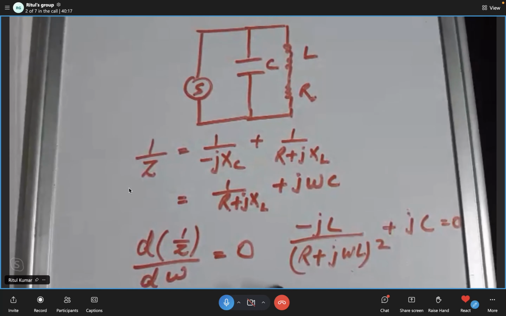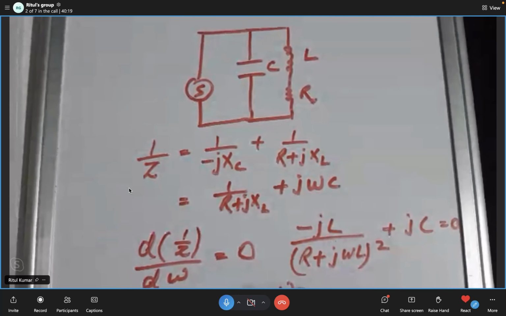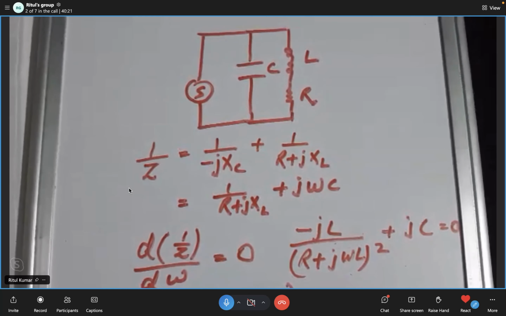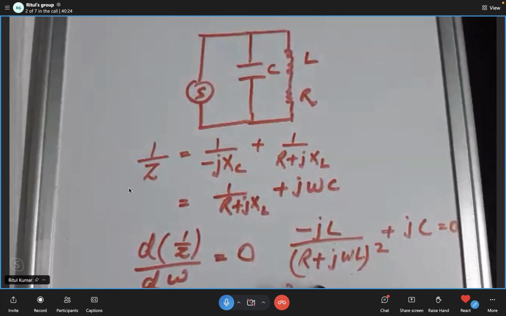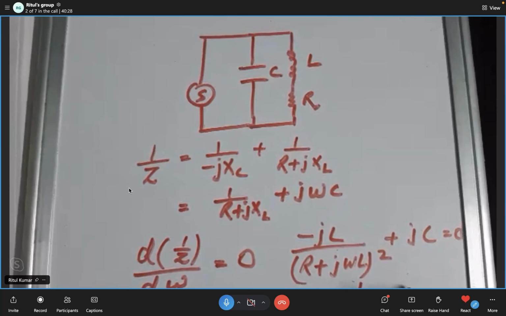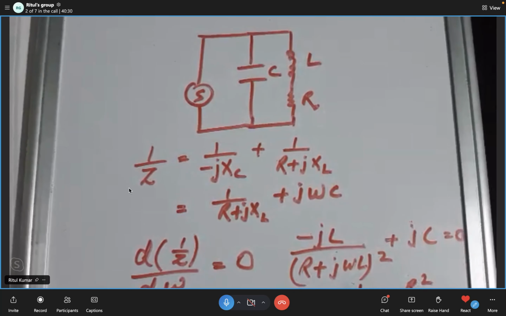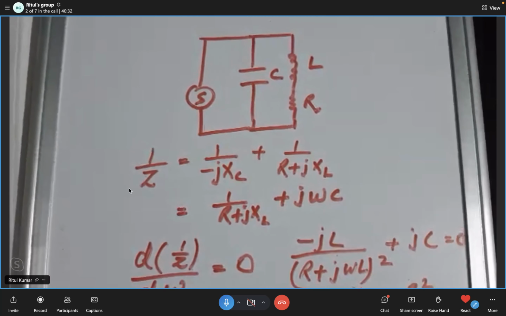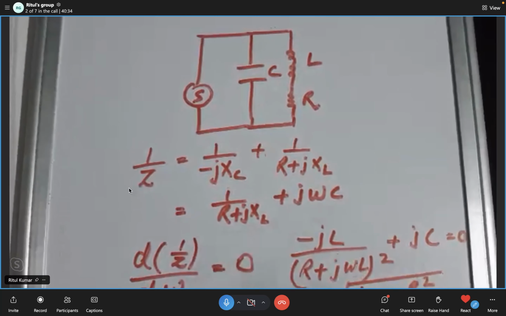So what do we get for omega from here? We get omega resonance, because we have equated to 0: 1 by LC minus of R squared by L squared, under the root. By the way, this is something which is to be committed to memory.